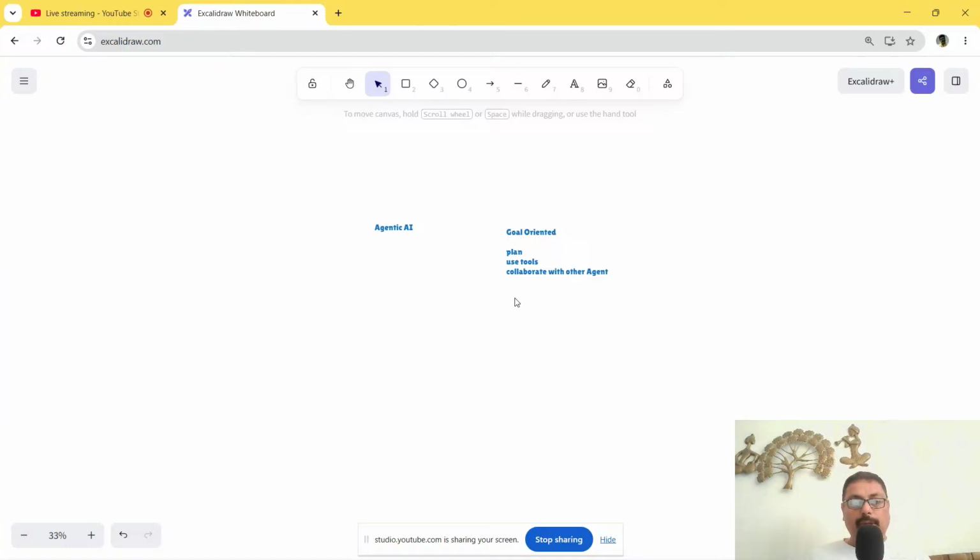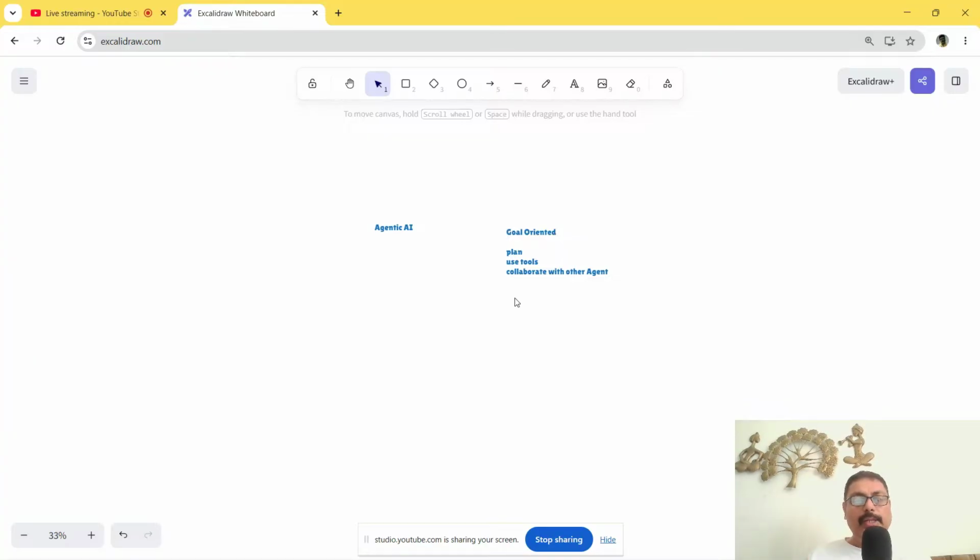Some tools are also required. And apart from that, if the information is being referred with the help of some sort of documents, then there's something called RAG. I'll discuss RAG in some other session someday. That is retrieval augmented generation, and that's a very important term. So when we are talking about agentic AI, we are talking about these types of things.